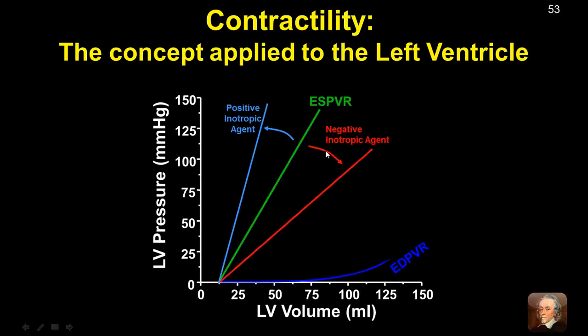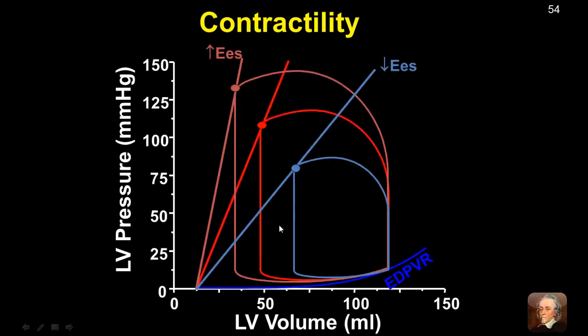In the ideal world, these shifts are really manifest as changes in the slope of the line with relatively little change in the volume axis intercept. I mentioned before that these relationships are defined by V0, the volume axis intercept, and the slope, the EES.